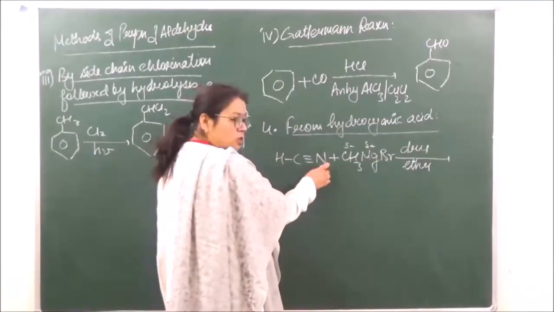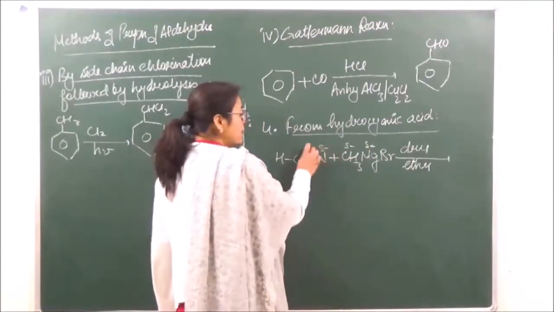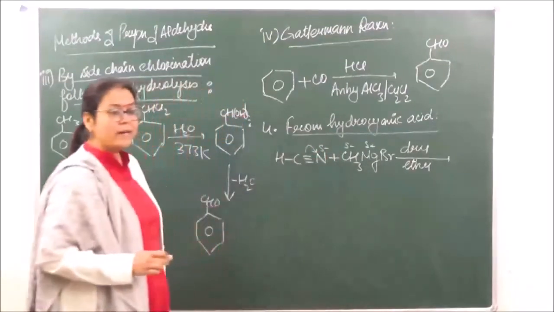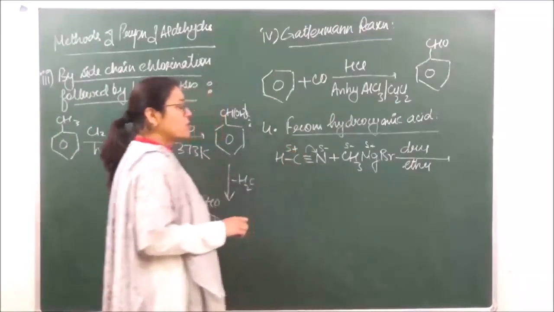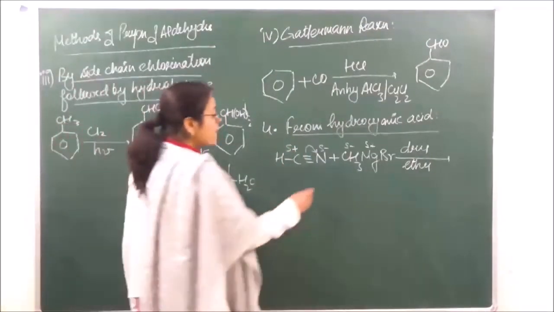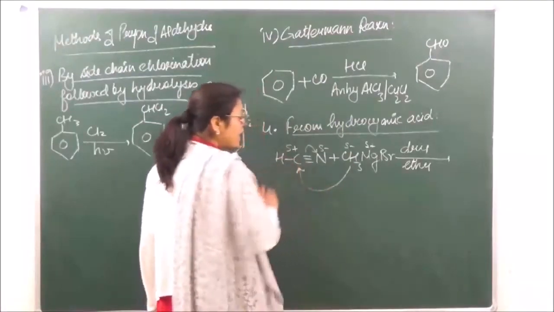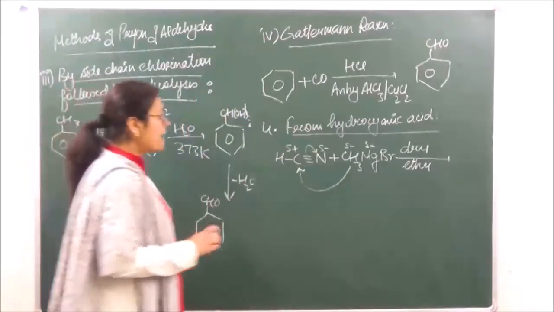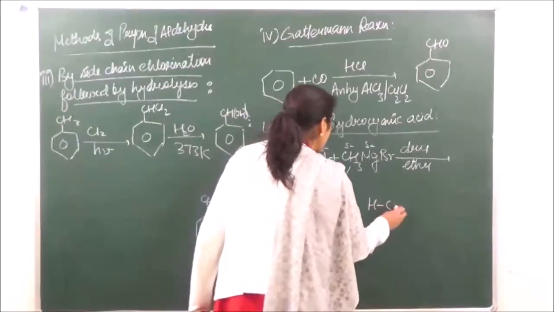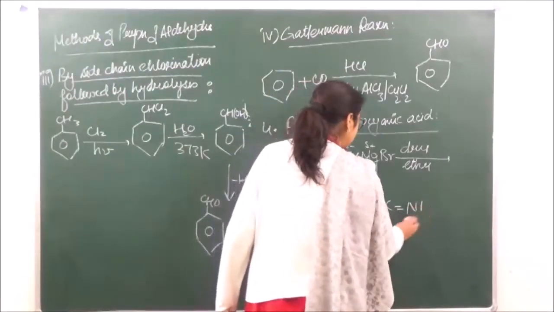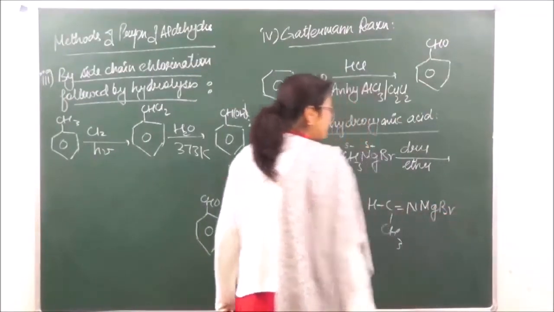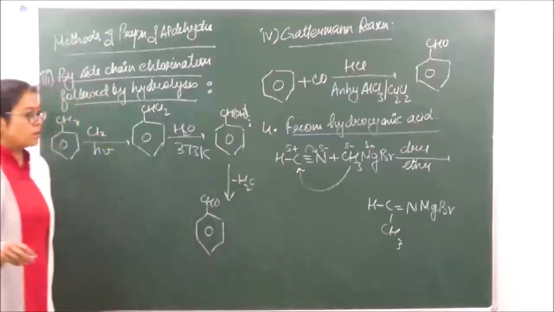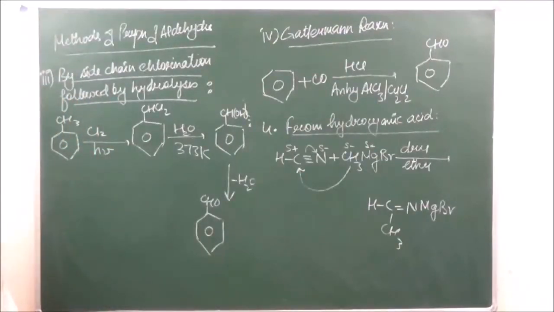Over here, nitrogen being more electronegative is going to pull the pi electron clouds towards itself, getting a slight negative charge, and carbon gets a slight positive charge, such that the alkyl group will go and attack at the carbon atom. So what do we have over here now? We have HC double bond N, CH3, MgBr. Okay, now when we do the hydrolysis of this, it is going to give us what?